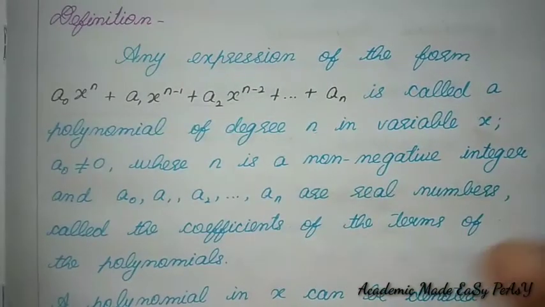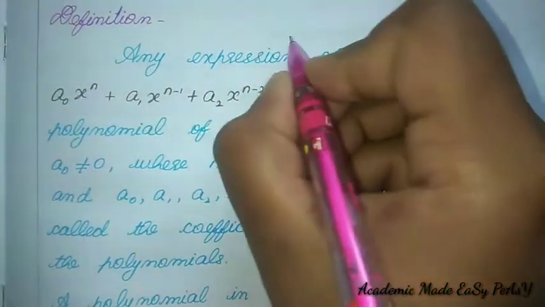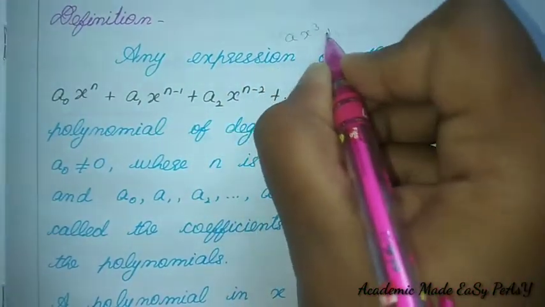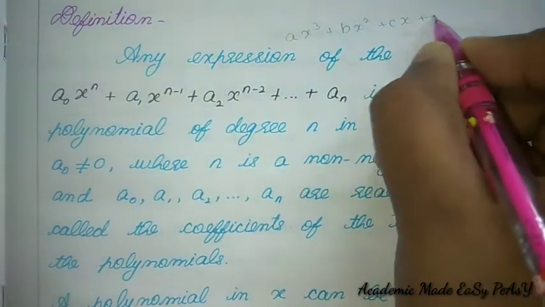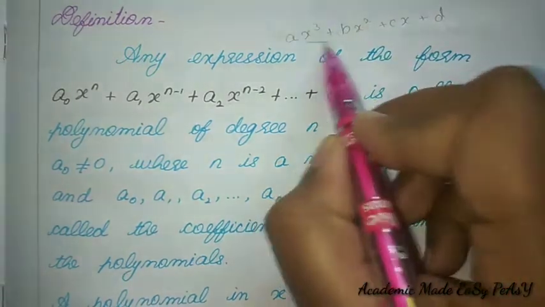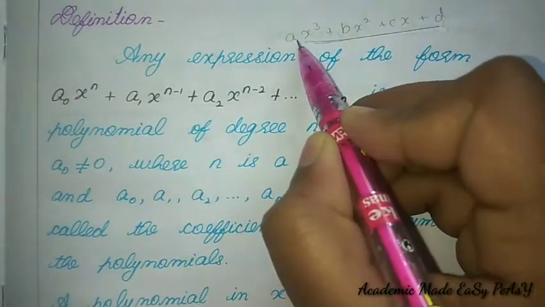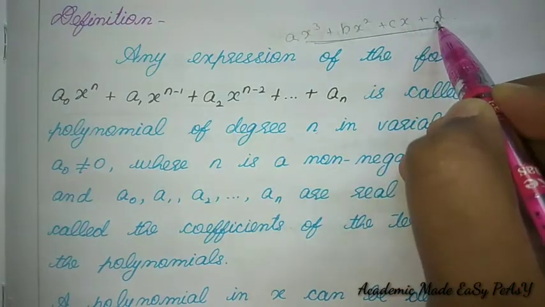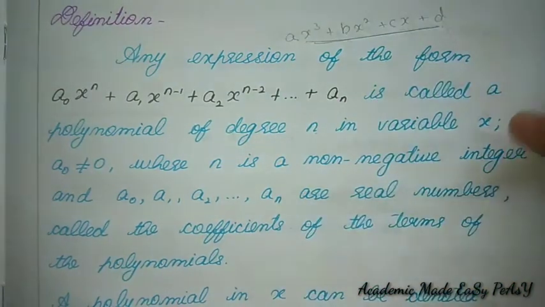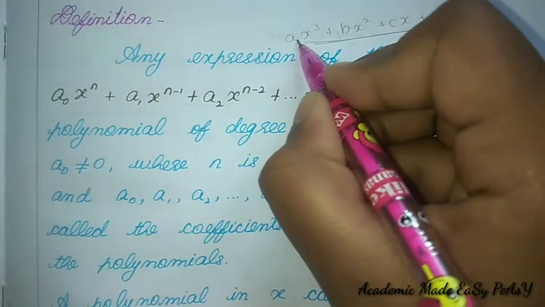So, for example, if we just take ax cube plus bx square plus cx plus d. This is the expression that I took. So this will be a0, a1, a2, a3. Just like that it will be going on. And here it is a0, isn't it?